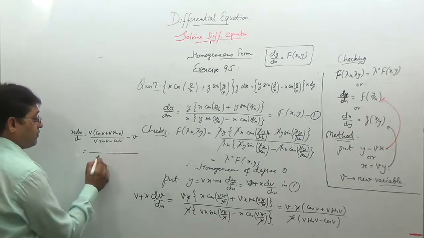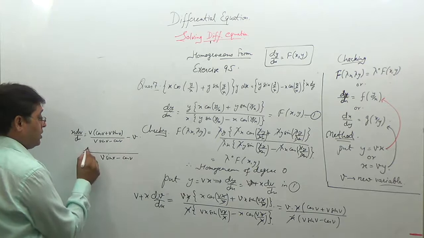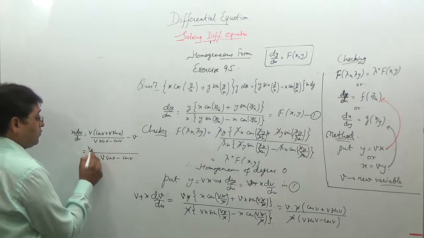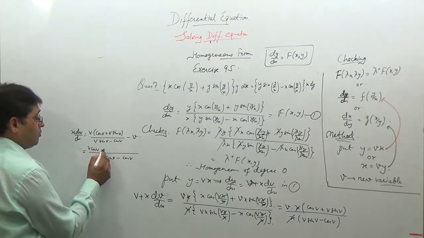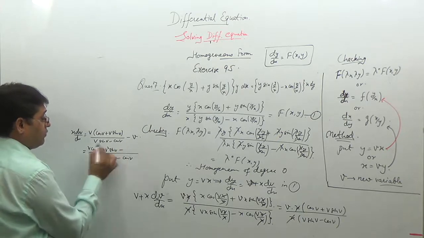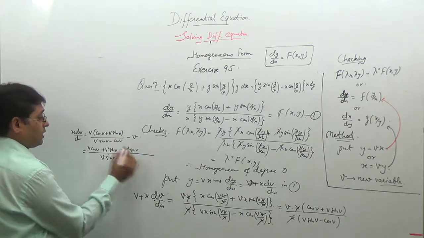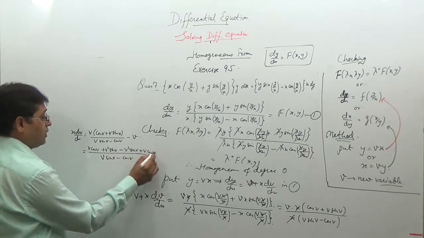Now take LCM, v sin v minus cos v, you will get v cos v plus v square sin v, then minus v into v sin v minus cos v, that is minus v square sin v plus v cos v.